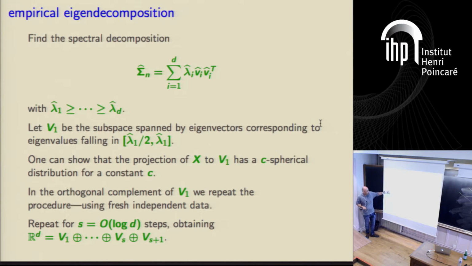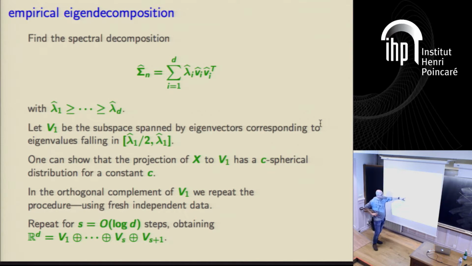With a little work, you can prove that in fact, this lambda 1 is a good estimator of lambda max. It's good in the required sense, so it's within a constant factor with probability 1 minus delta. What is the difficulty here? If you don't care too much about computation, you can basically achieve that. What is the difficulty in showing that lambda 1 hat is close to the truth?